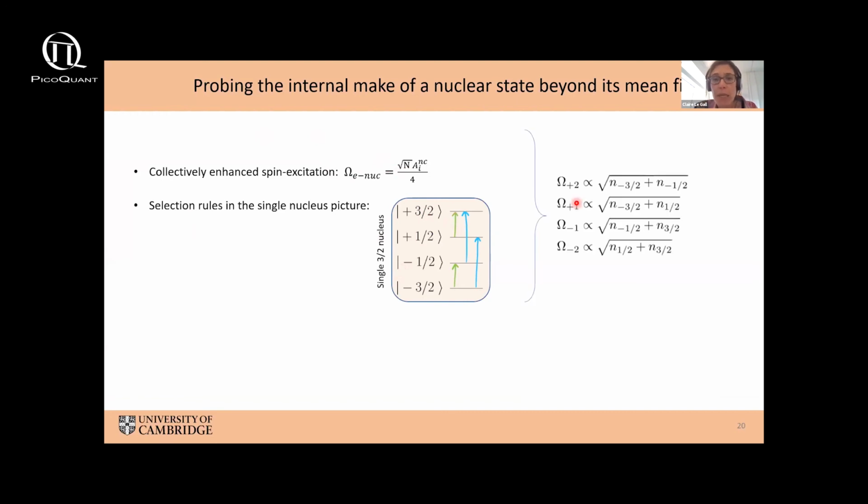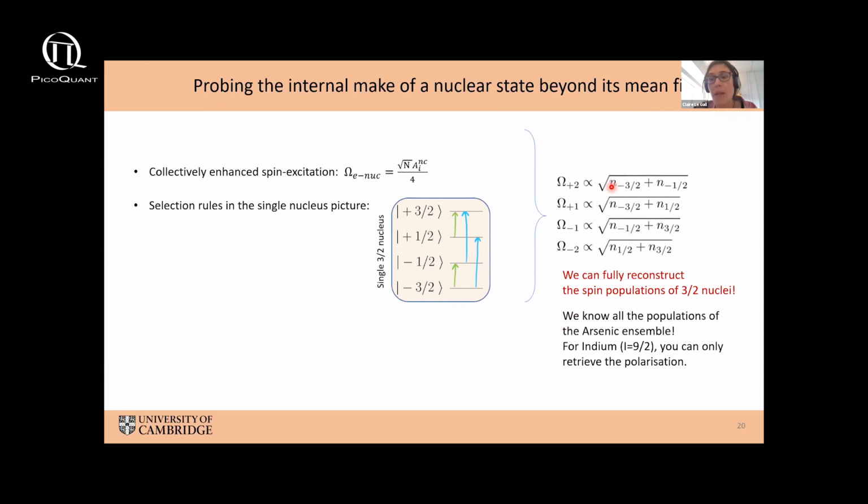So it won't be surprising at this point if I tell you that if we look at these sideband processes from +2, +1, -1, -2, they actually relate to the single nuclear spin population, so the number of nuclei in the -3/2 state, for instance. And thus by probing the Rabi frequency of each sideband process, you can fully reconstruct the spin population of a 3/2 nuclei. So this is great for the arsenic ensemble.